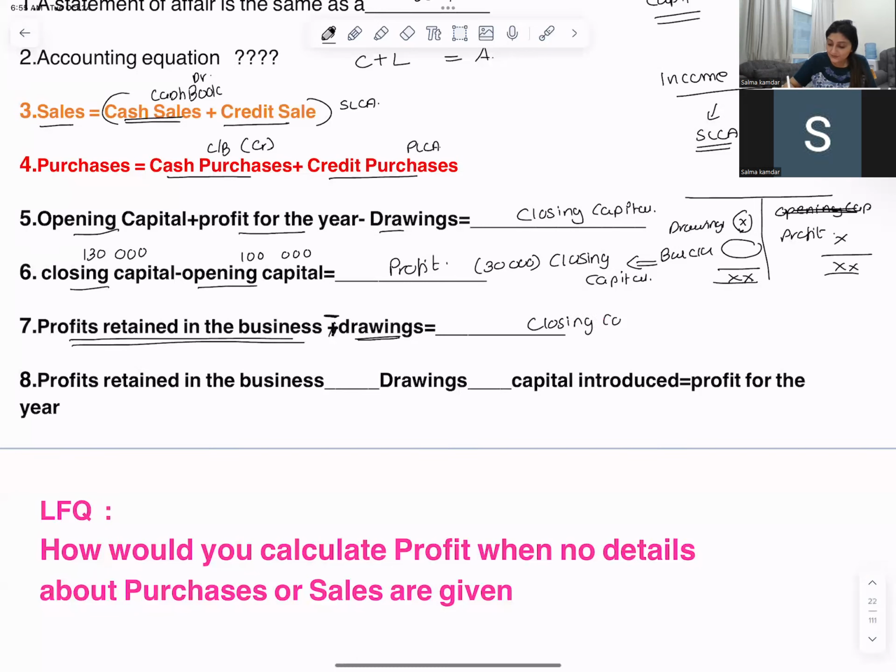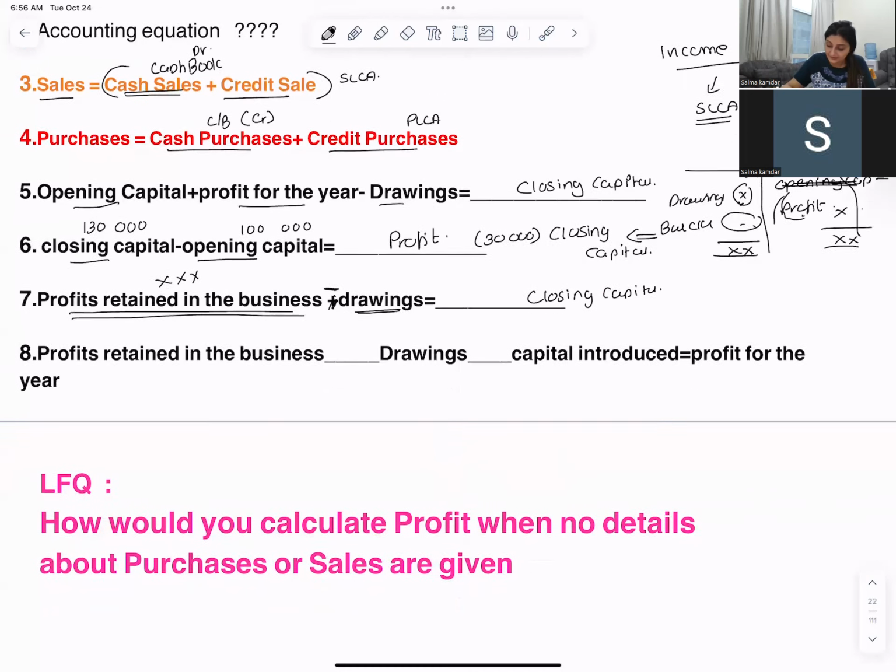When I say profits retained in the business, that means all the profits that are kept aside in the business. I assume there is no opening capital. Profits retained in the business add up to the capital. From that, when you subtract your drawings, you will get something which is called closing capital.